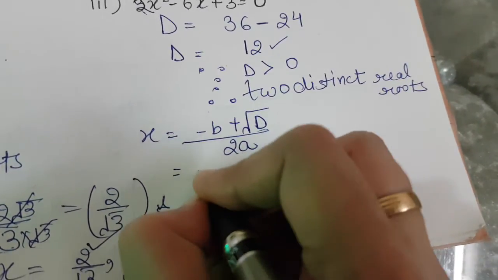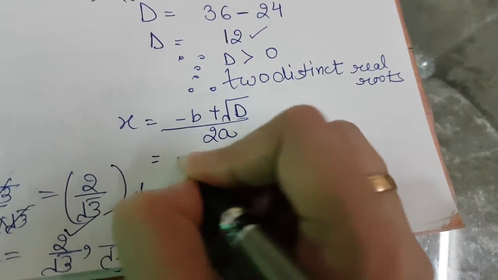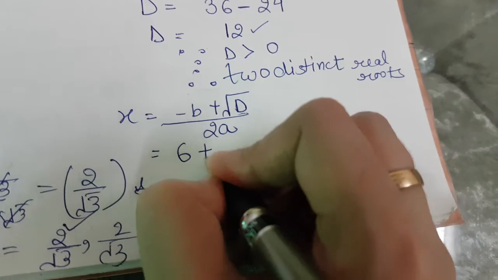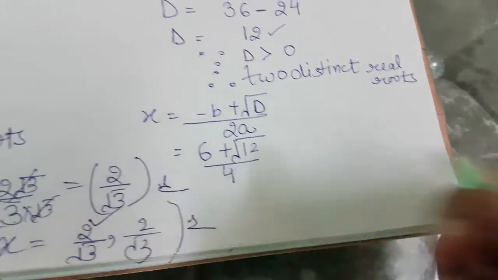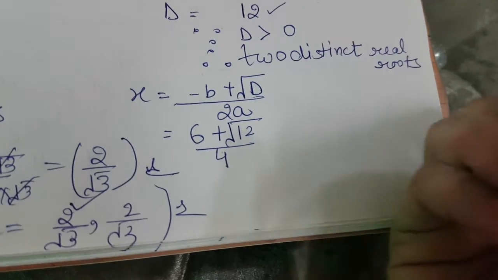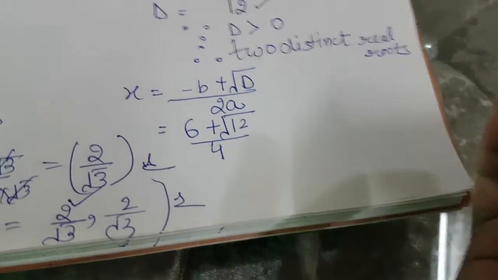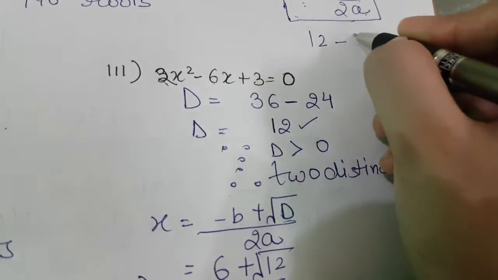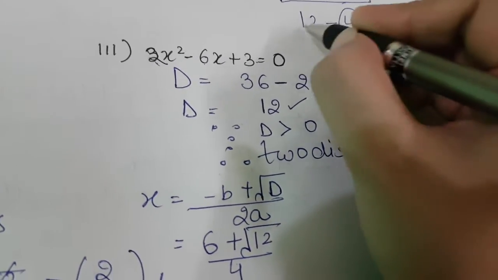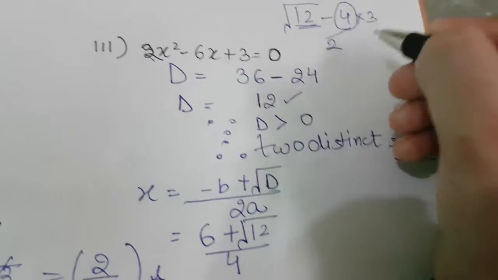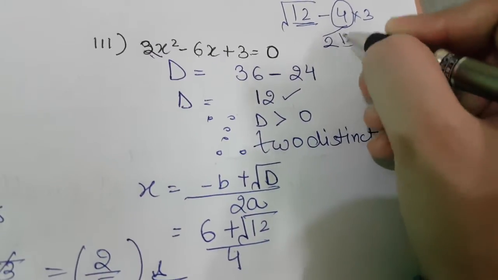So minus b, it means minus 6 will be plus 6 plus root 12 upon 2 into a, 4. Yes students? Okay. Now tell me that 12 factors are 4 into 3 and 4 square root is 2. So root 12 can be written as 2 root 3.